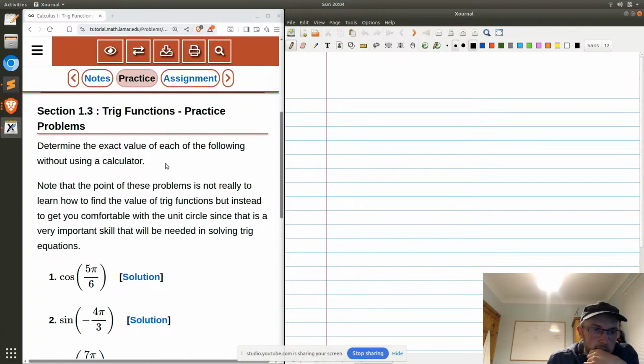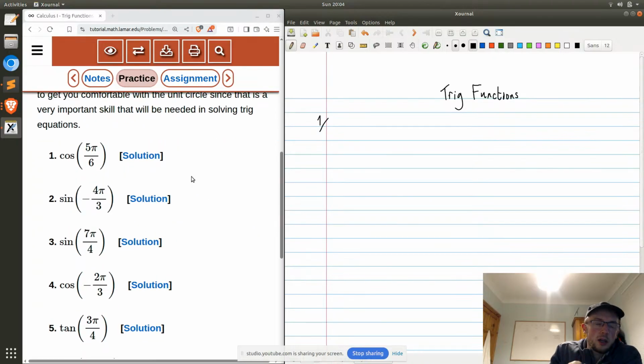Without using a calculator. What is the cosine of 5 pi over 6?